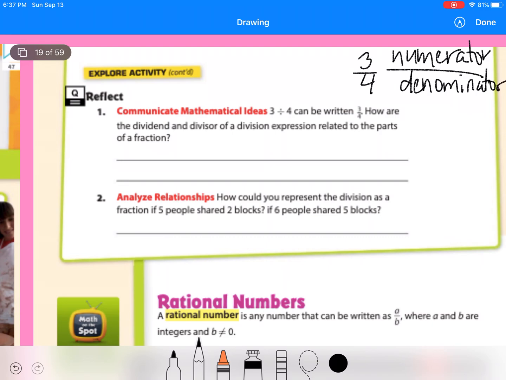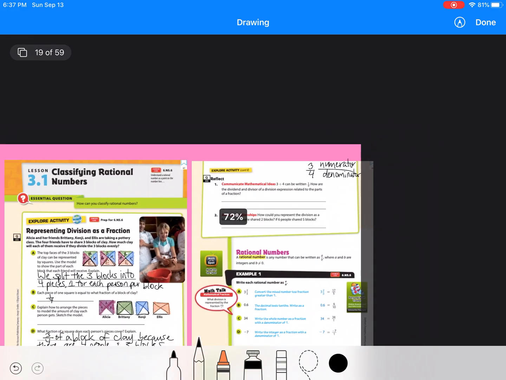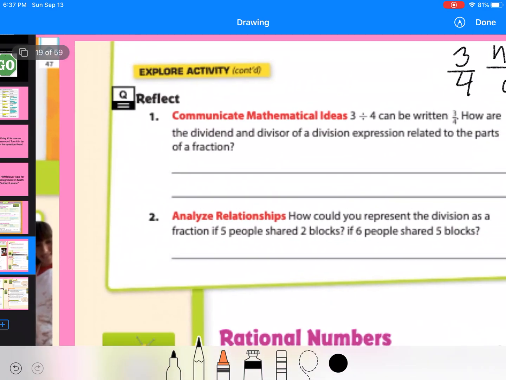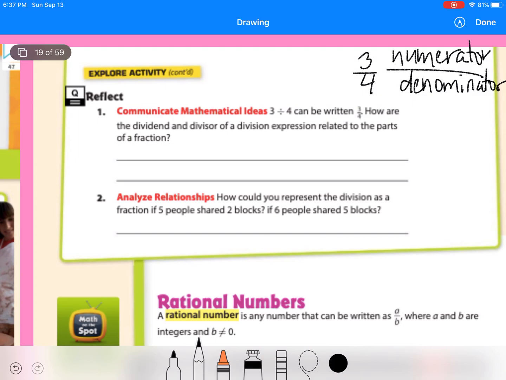So now it's our turn to figure out dividend and divisor. If we look and we think, we have our division problem right here. 3 divided by 4. How is the dividend and divisor of a division expression related to the parts of a fraction?